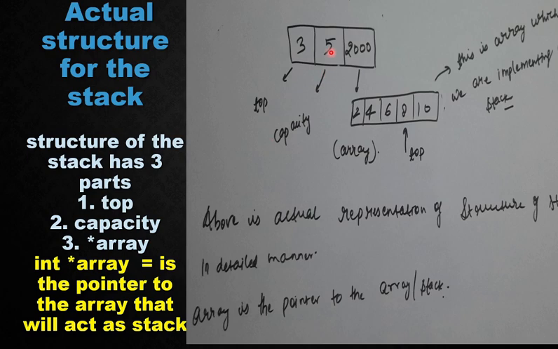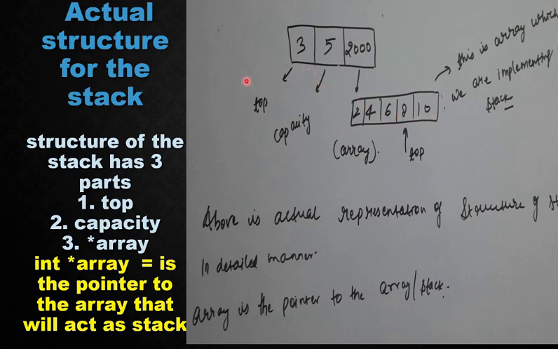Capacity is saying that the capacity of the stack is 5. This block is storing the address of this array, right? That means this was the int star array. So this will store the address of this whole array. So this is the actual array which is going to act as stack, right?